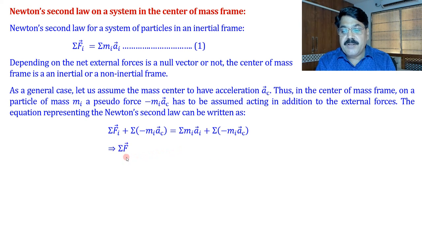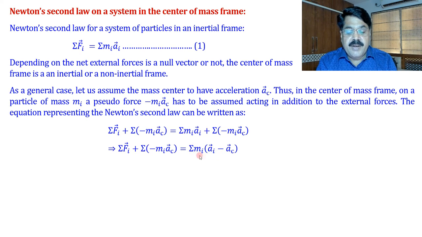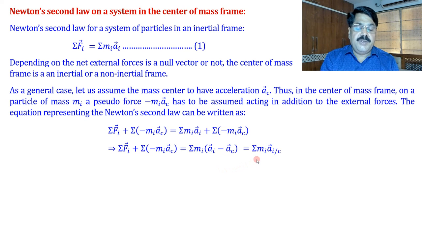So let us proceed further. It is summation Fi plus summation minus Mi AC is equal to summation Mi times Ai minus AC, what we had taken by grouping the terms. And what is this? Ai with respect to C. So summation Mi Ai with respect to C. And now we know that this quantity is a null vector.